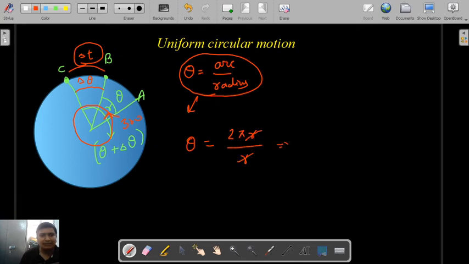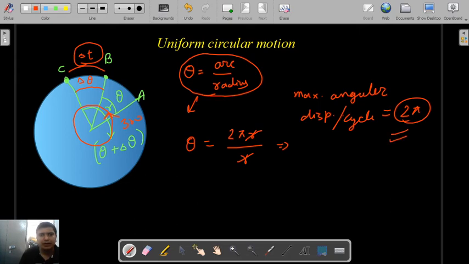So the maximum angular displacement per cycle will be 2 pi. Okay, and if there is an angular displacement, then there must be an angular velocity.